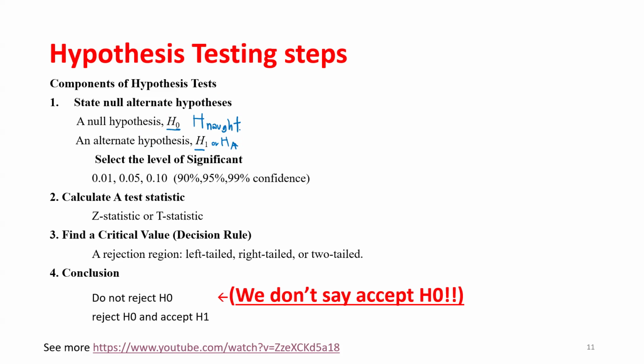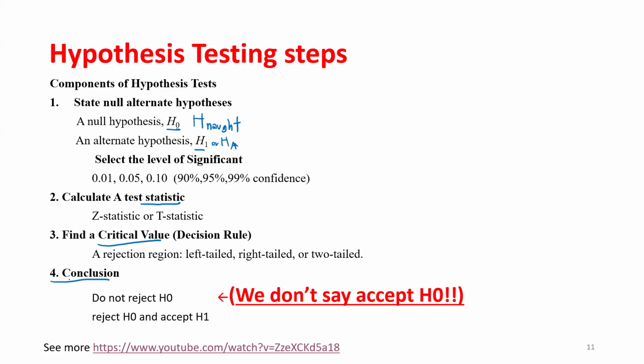Second step, we calculate a test statistic, for example, Z statistic or T statistic. Third step, we open the table to find a critical value or a decision rule. So we would like to know if it is 1 tail or 2 tail. Lastly, we make a conclusion.